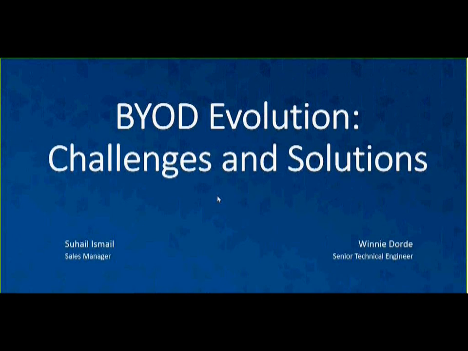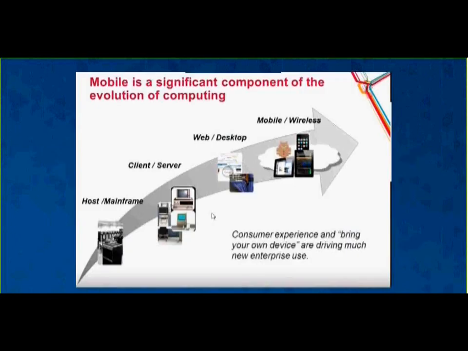Moving on to the first slide, mobile, as you can see, is of course a significant component of the evolution of computing. I don't think anyone disagrees with that at this point. We started back in the long-ago days of host and mainframe computing, on up to client-server.